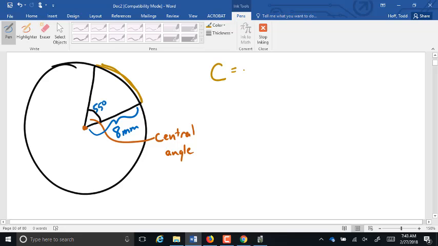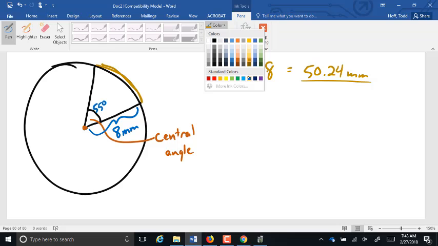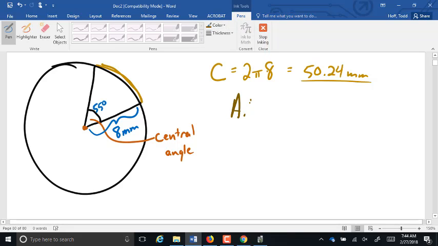So the circumference of that whole circle is 2 times pi times 8. 2 times pi times 8 is about 50.24 millimeters. So then that arc length there is found 50.24 millimeters times that central angle, 55 degrees, over, well, the whole circle is 360 degrees.